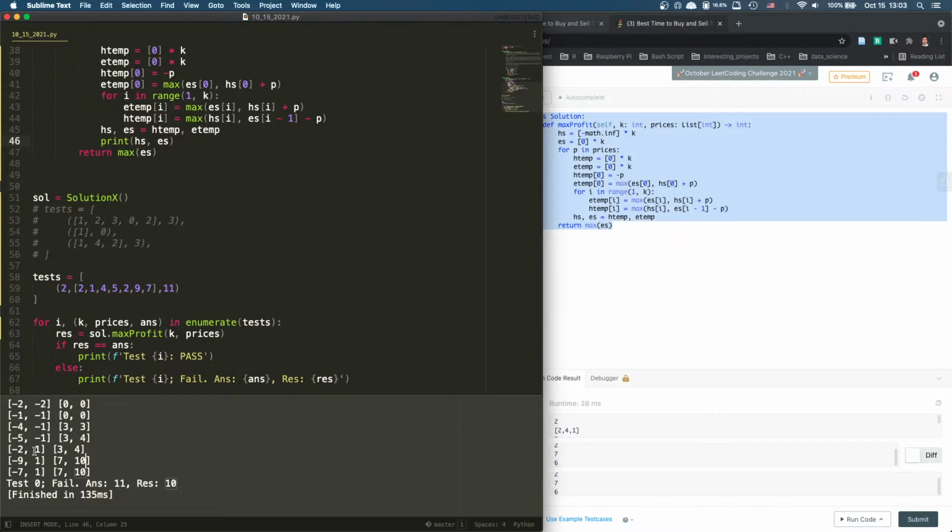I sell 9, becomes 10. Why is this not right?